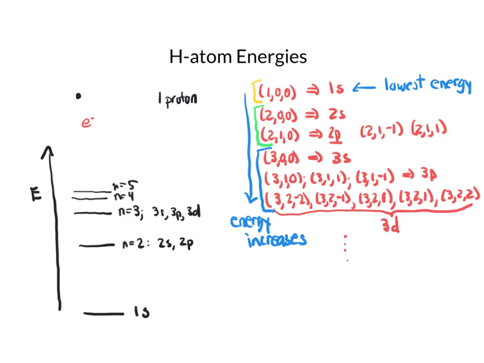Okay, so you'll notice that I've made these energy levels closer and closer together as I go up. And that's because I happen to know that the energy of a hydrogen atom is represented by a particular relationship to the N quantum number.